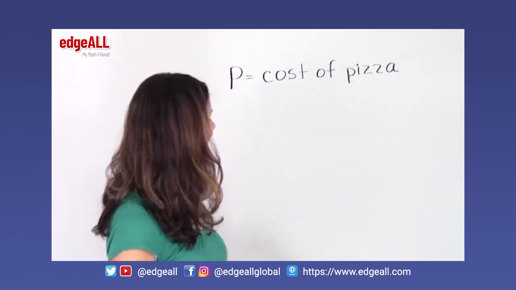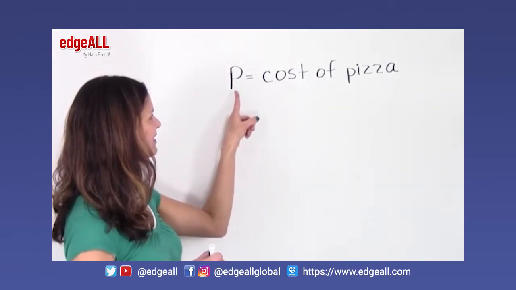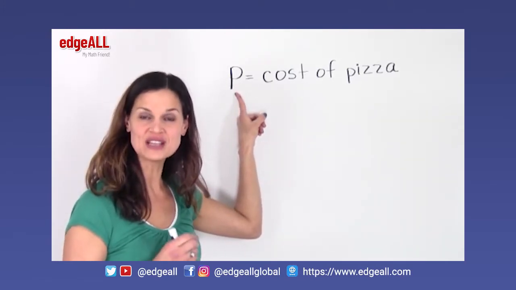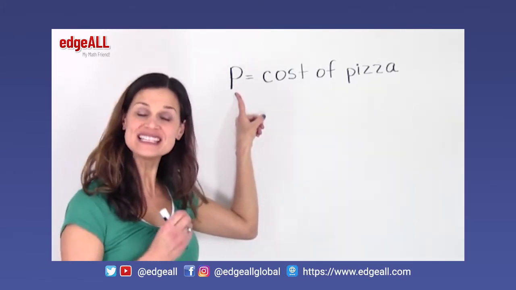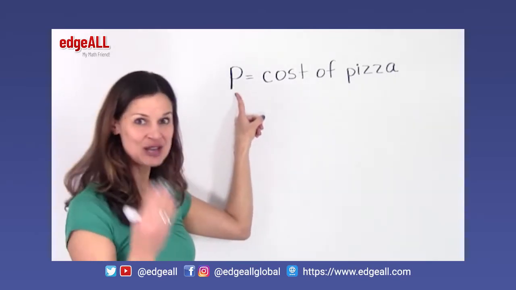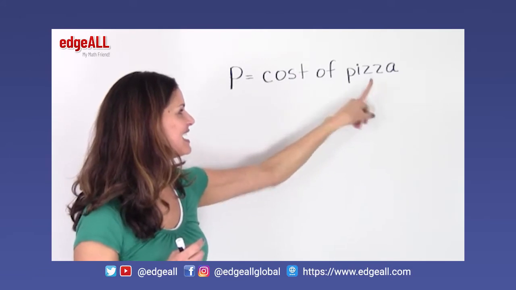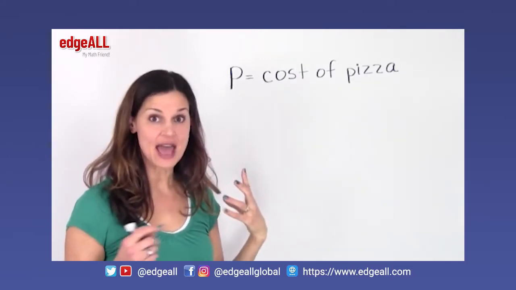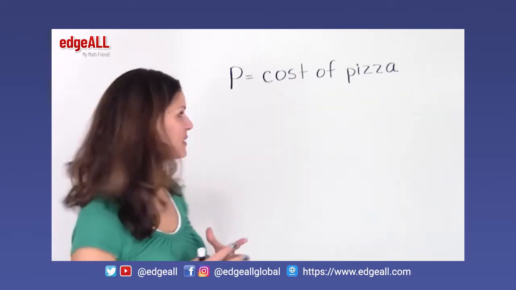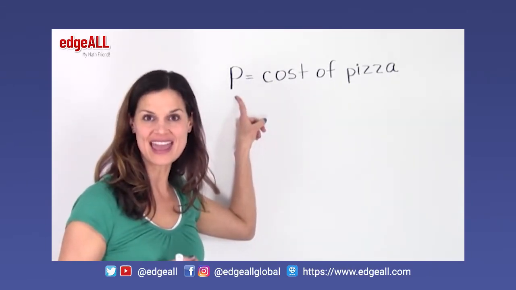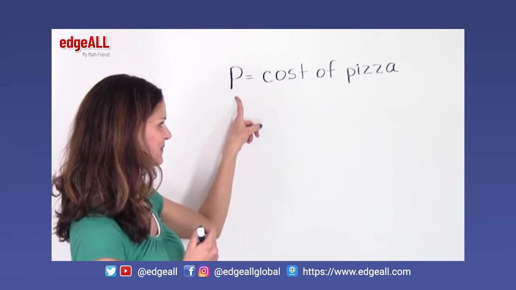So let's say in this example that the letter P is our variable that we are going to use to represent this unknown cost of the pizza. So this means that whatever the cost of the pizza is, it can be represented by this letter P.